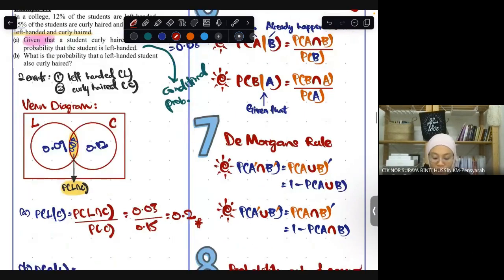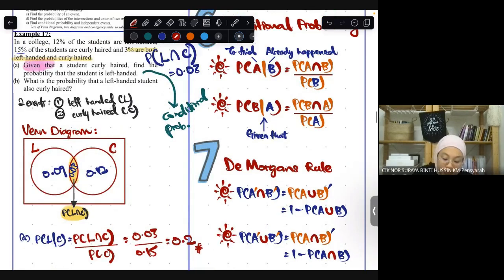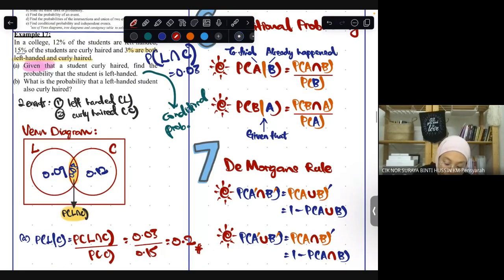Dah, tolong double check pakai calculator untuk saya. Next one is, dia tanya apa? Soalan seterusnya, what is the probability that left-handed students also a curly head?